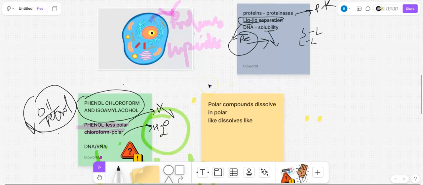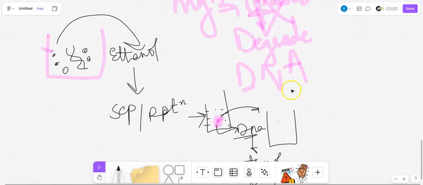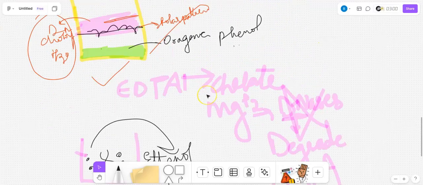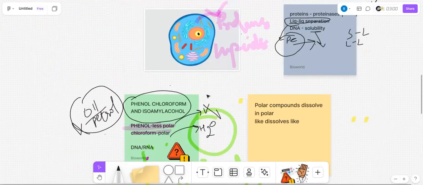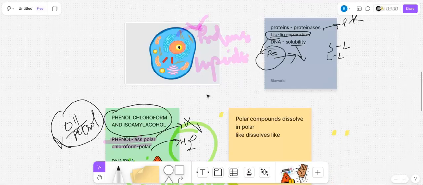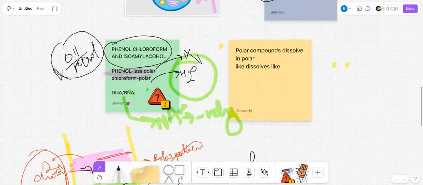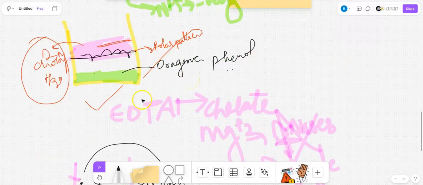DNases ని degrade చేయడానికి, అంటే if at all solution లో DNases by mistake add అవుతాయి, EDTA will be used, which will inactivate DNases. ఆ DNases ని ఇన్యాక్టివేట్ చేస్తుంది అనమాట. ఈ DNases ఏవైతే DNA ని ఎఫెక్ట్ చేయగలవో those DNases will be removed from them. And then we will perform this phenol chloroform isoamyl method.